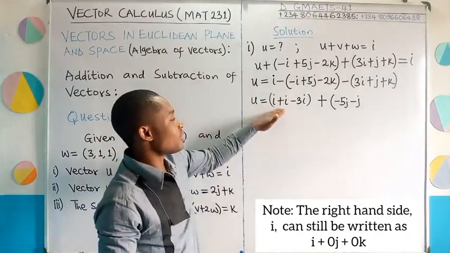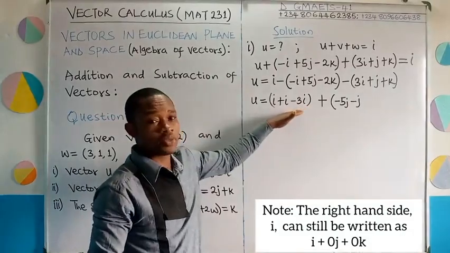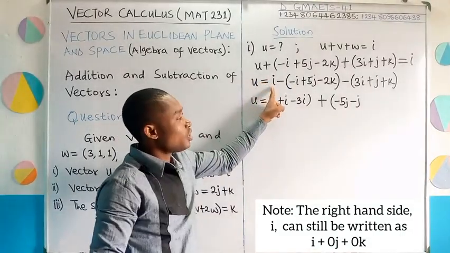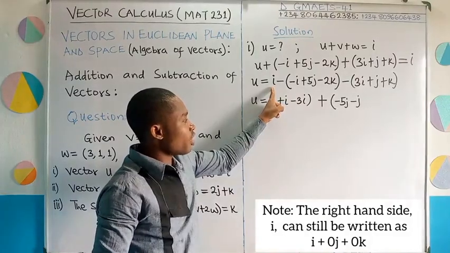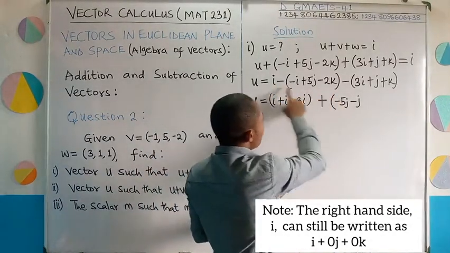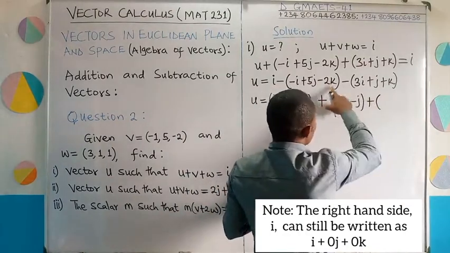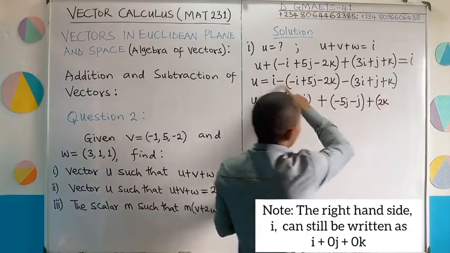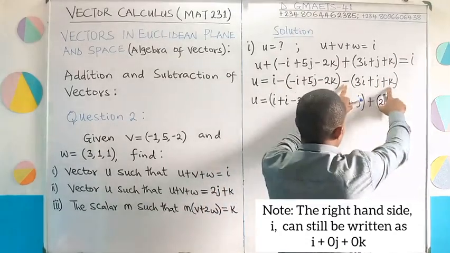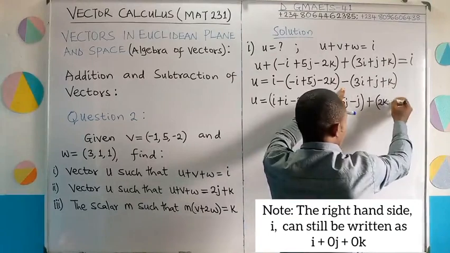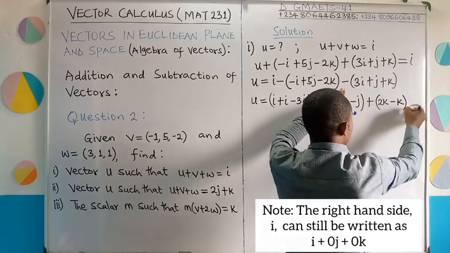You notice that only the i component has 3 terms because we had one i originally given from the question. Is that okay? So let us move on to the k component and see. Here we have minus times minus 2k, which is going to give us plus 2k. Then come over here, you pick the k term as well too. Minus times plus k will give us minus k.